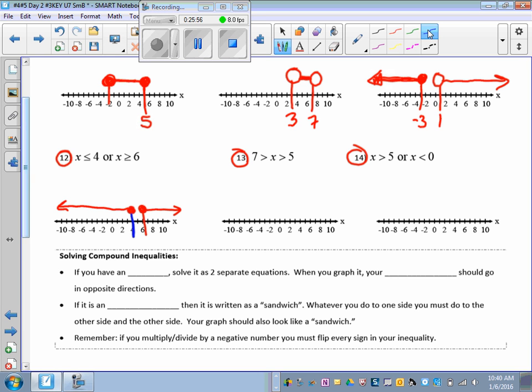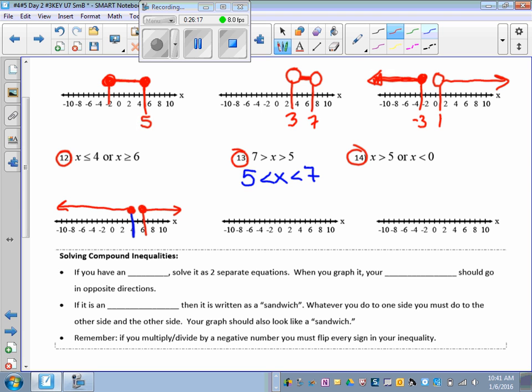Number 13, we have an and statement. With this one, notice my smallest number isn't on the left side. So I'm going to go ahead and rewrite this so that we have our smallest number on the left side. So 5 is less than x, which is less than 7.